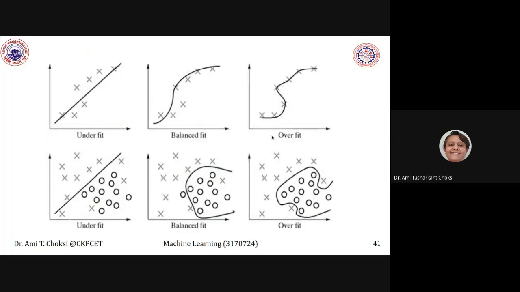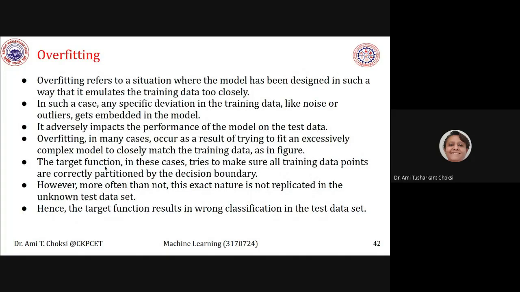Like here, it tries to overfit the data. The target function in these cases tries to make sure all training data points are correctly partitioned by the decision boundary. However, more often than not, this exact nature is not replicated in the unknown test data.